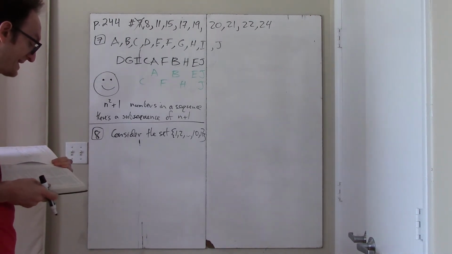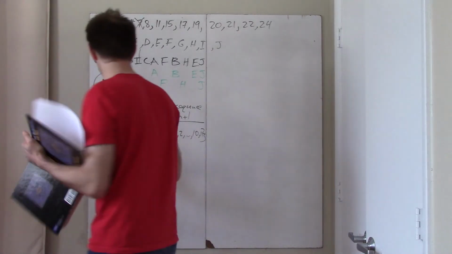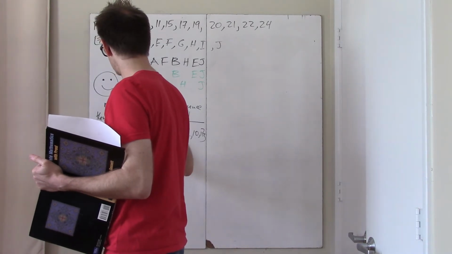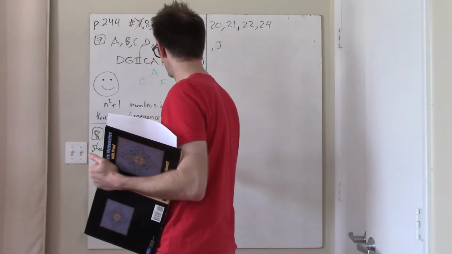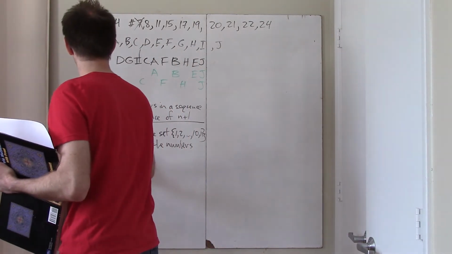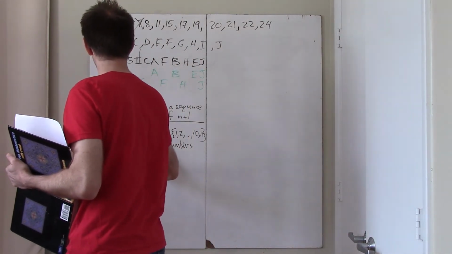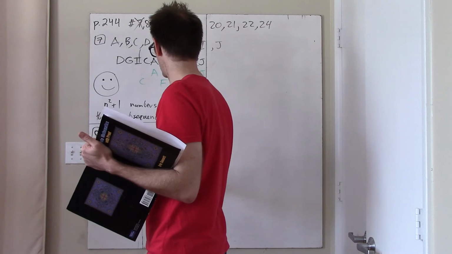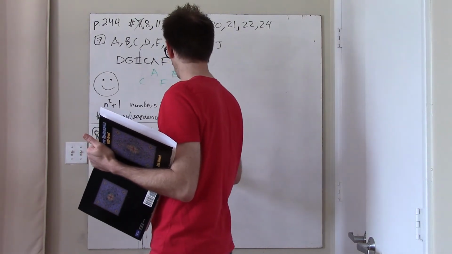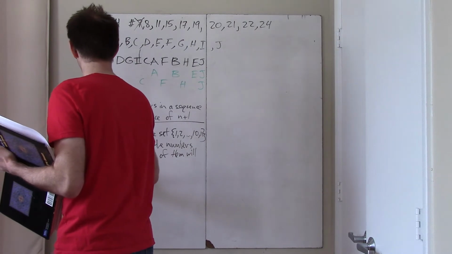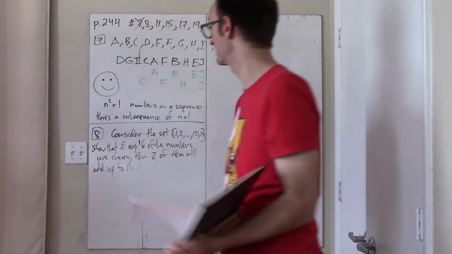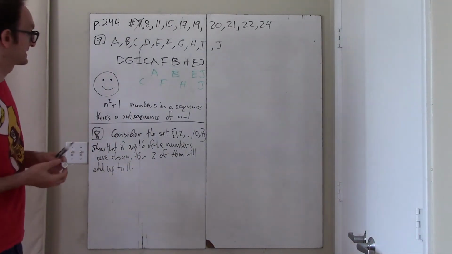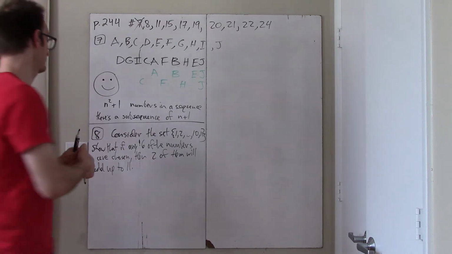This is what it says in my book that I'm holding at this moment, and possibly in your book as well. Show that if any 6 of the numbers are chosen, then 2 of them will add up to 11. Well, as stated, this is obviously false, because I can easily find 6 numbers such that no 2 of them add up to 11.